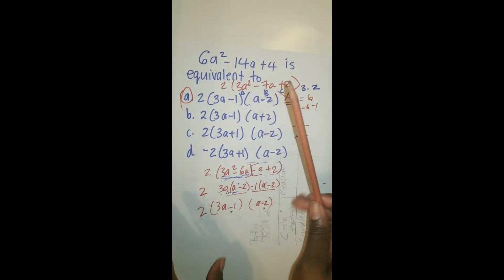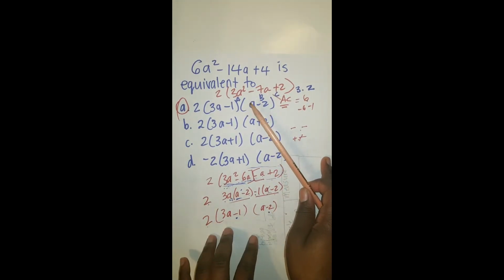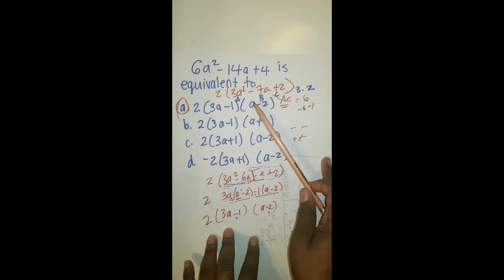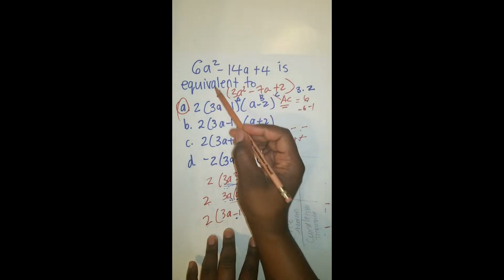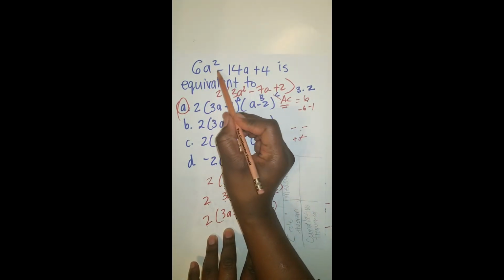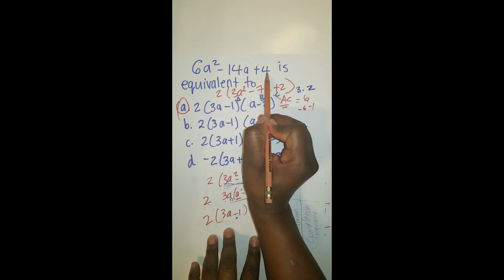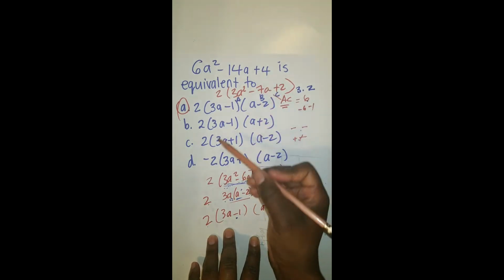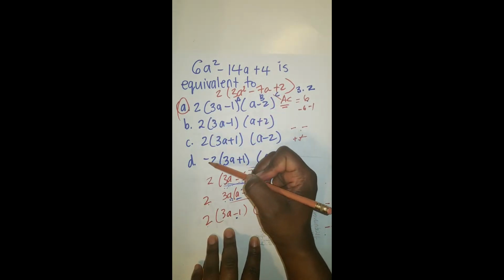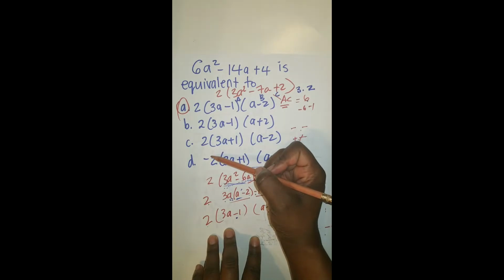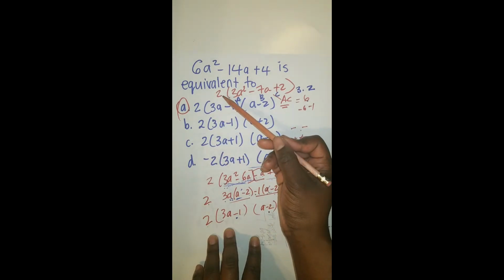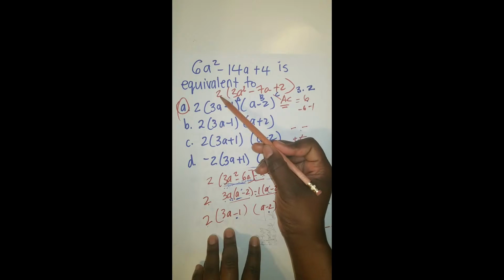Alright, let's go back through it again. Let me show you something. Right here we have 6a squared minus 14a plus 4. The answers we have here, they factored out a 2. So what we did was to do the same thing as them, so our answer can match theirs. We factored out 2.